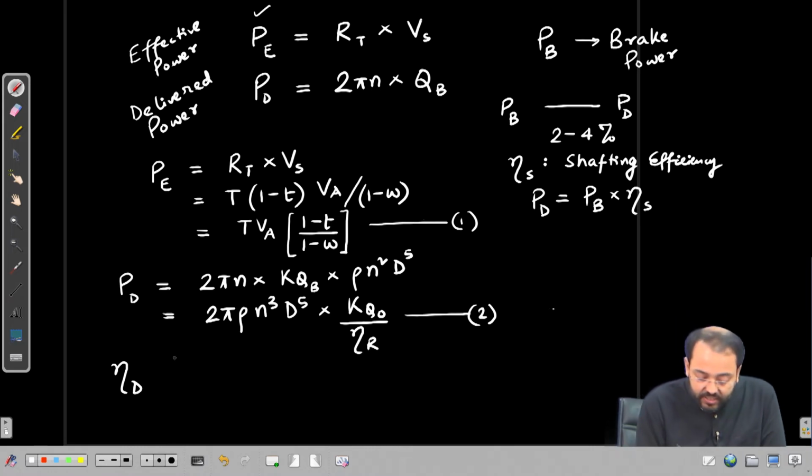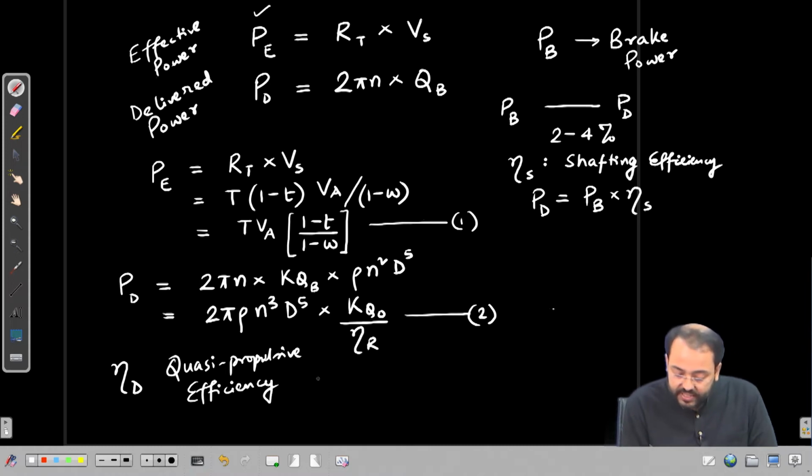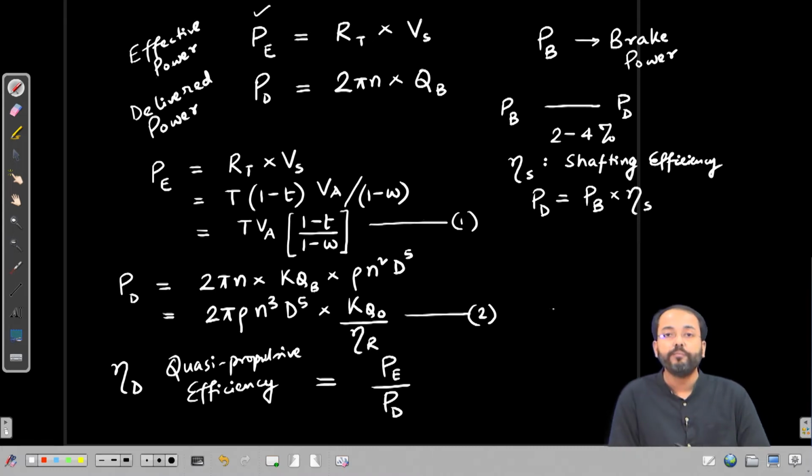Eta D is called the quasi propulsive efficiency, given by PE by PD. So, this is the ratio of the effective power to the delivered power for a ship.